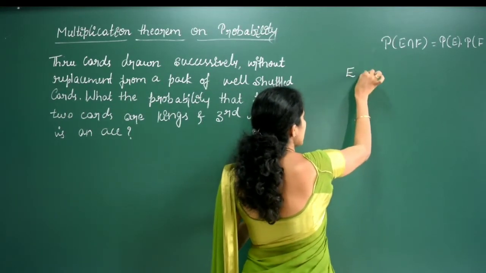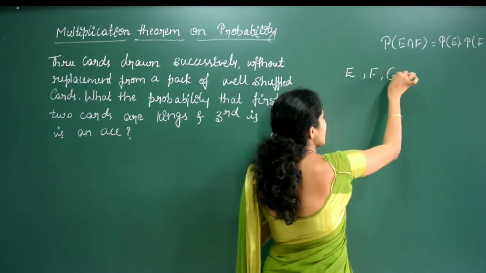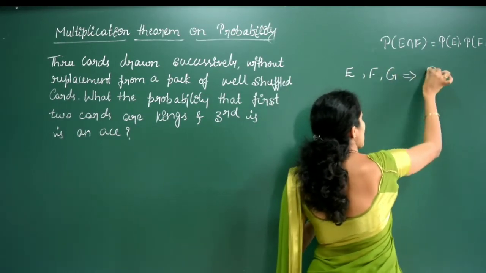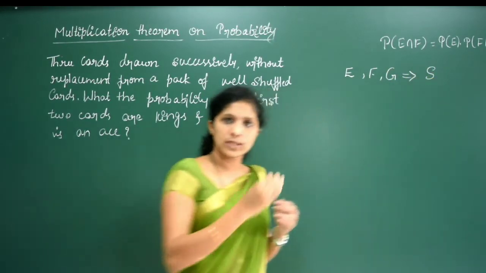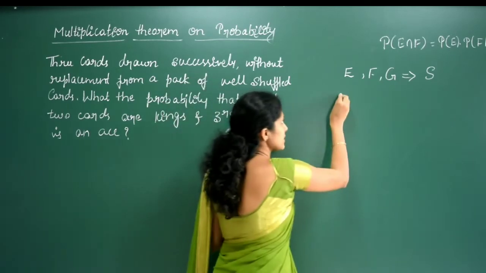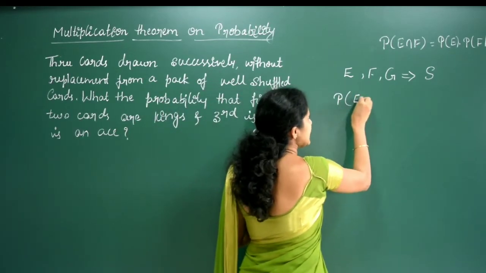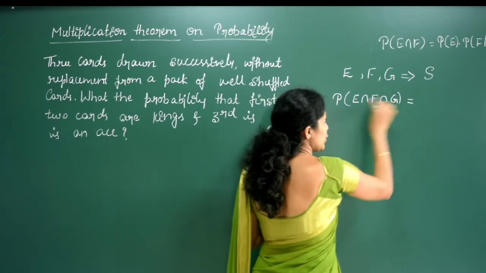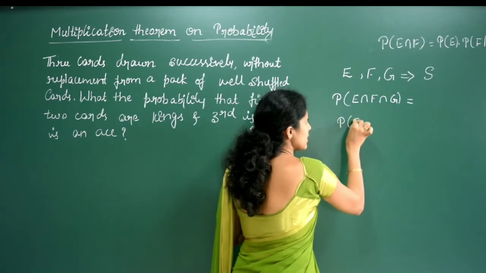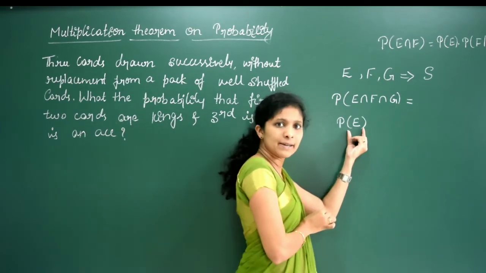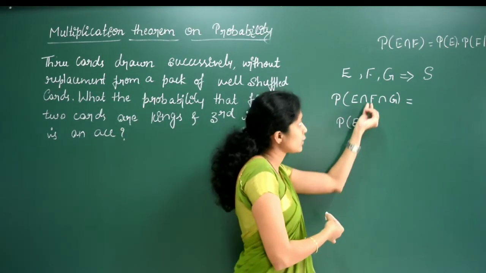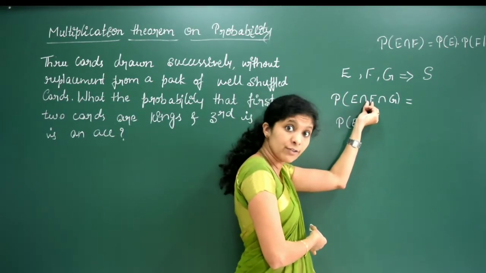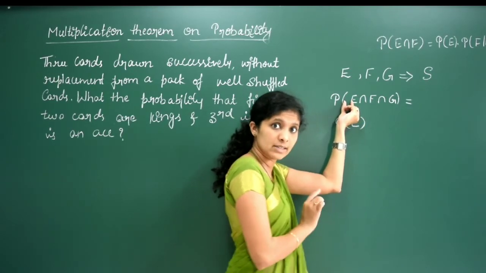Let me consider E, F, G as the three events associated with the sample space, yes, three or more than three. Then the formula will be, P of E intersection F intersection G will be equal to P of E. Remember, P of E. So the probability of E is done. Now you are finding the probability of F where E has occurred. Is it clear?